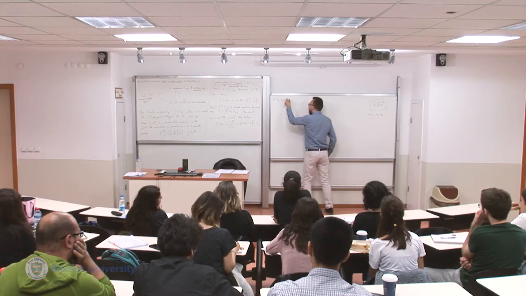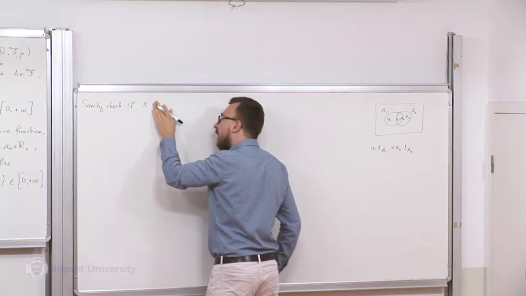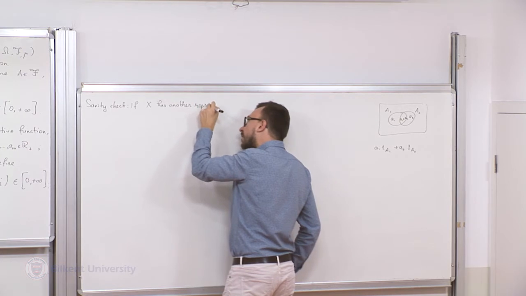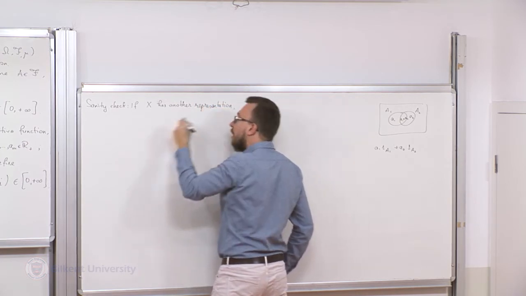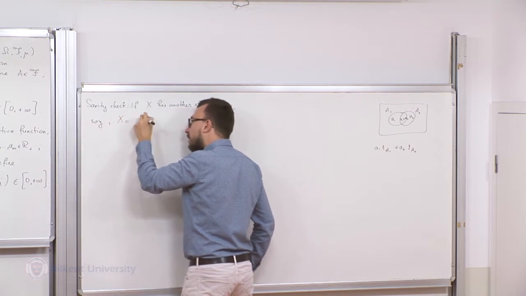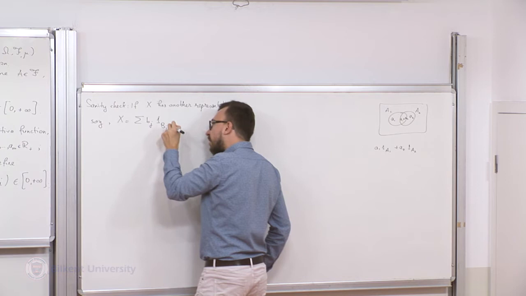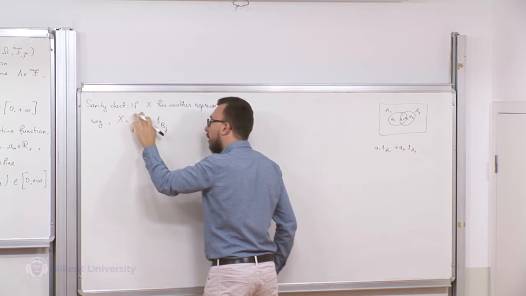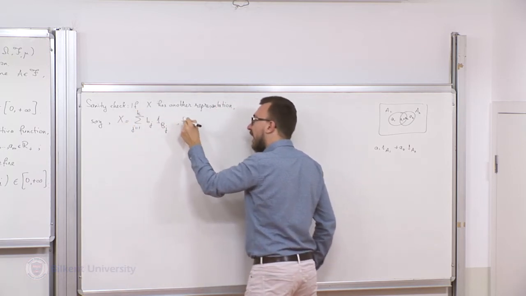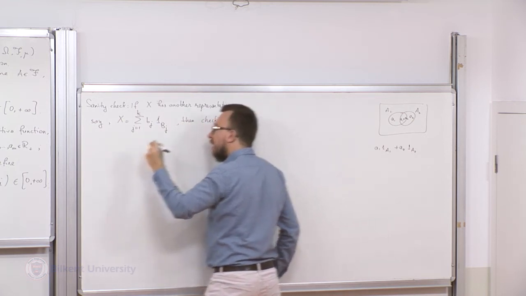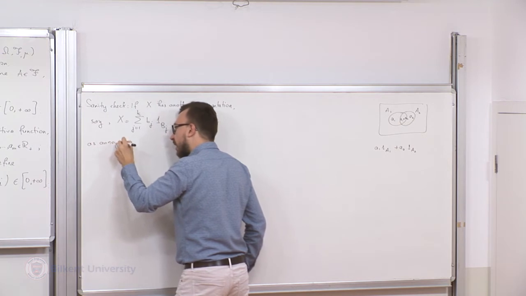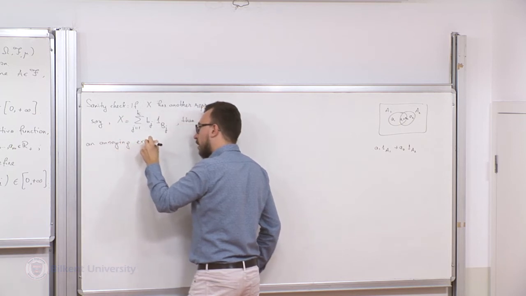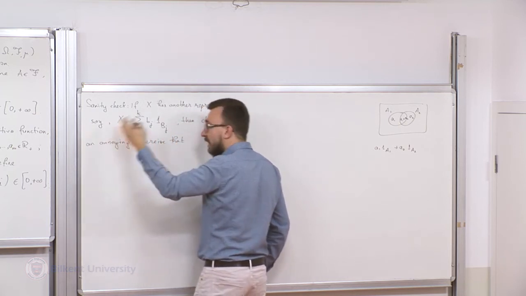So if X has another representation, say X is equal to the sum of b_j indicator B_j, now maybe not up to m, but let's say up to k, okay, then check as an annoying exercise that we get the same result.